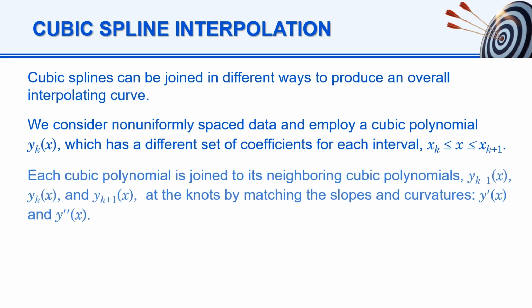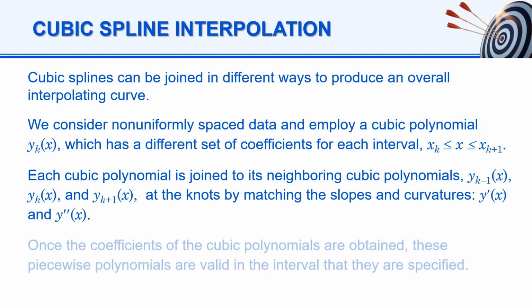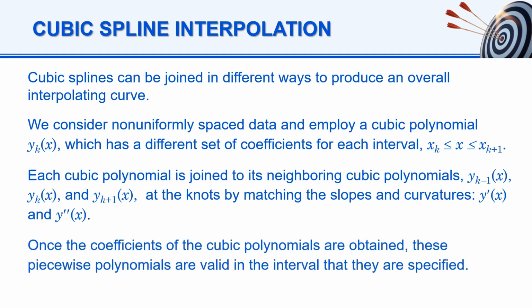Each cubic polynomial is joined to its neighboring cubic polynomials, y_(k-1), y_k, and y_(k+1)(x), at the knots by matching the slopes and curvatures, e.g., y'(x) and y''(x). Once the coefficients of the cubic polynomials are obtained, these piecewise polynomials are valid in the interval that they are specified.